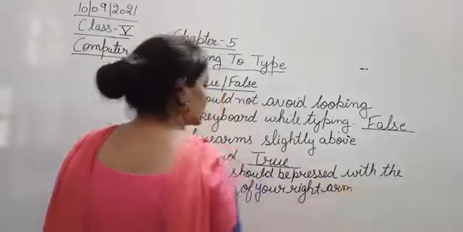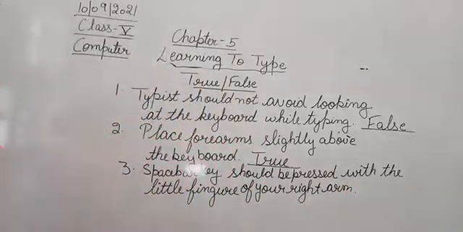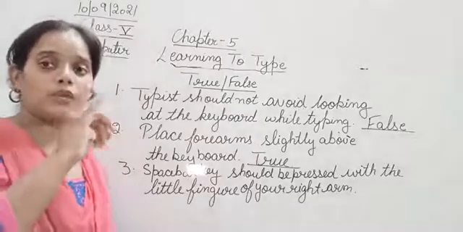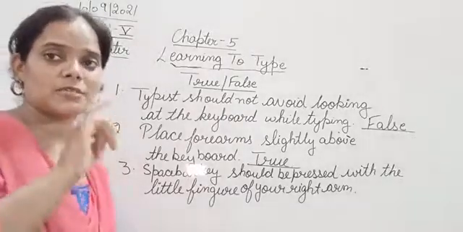It means that spacebar key जो है, we should press it with the little finger of our right arm. So do we use this finger to press the spacebar key?